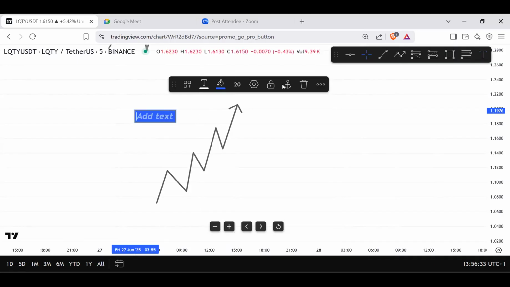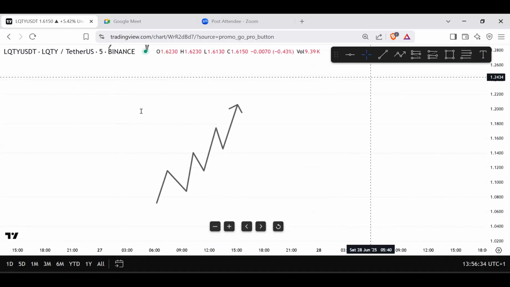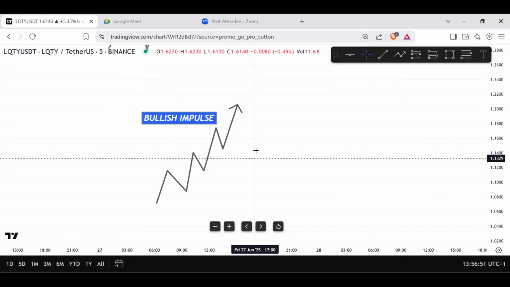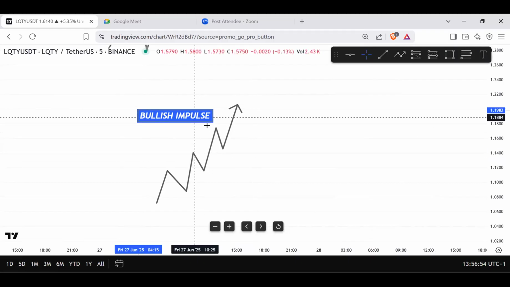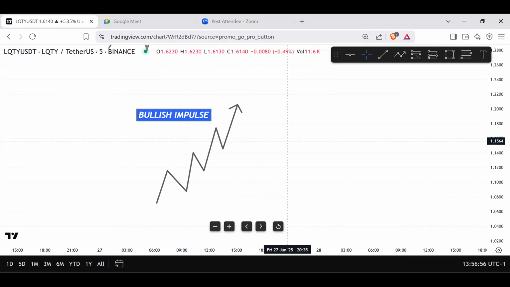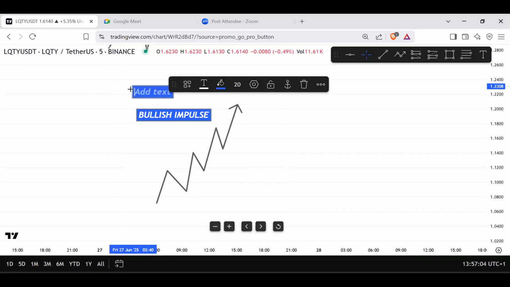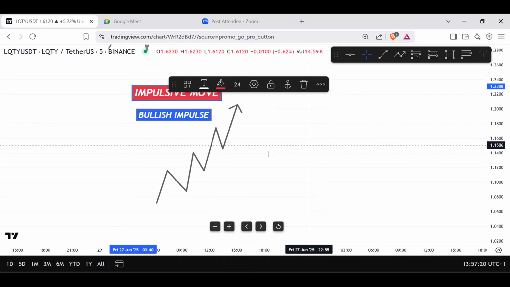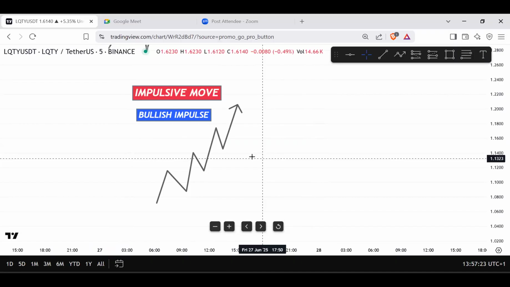So this is a bullish impulse, or just call it an impulsive move.